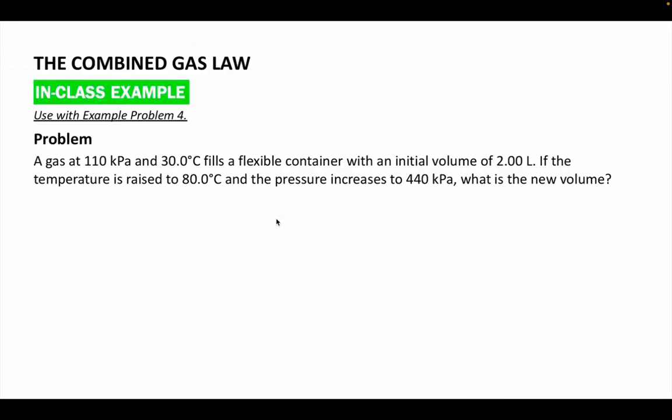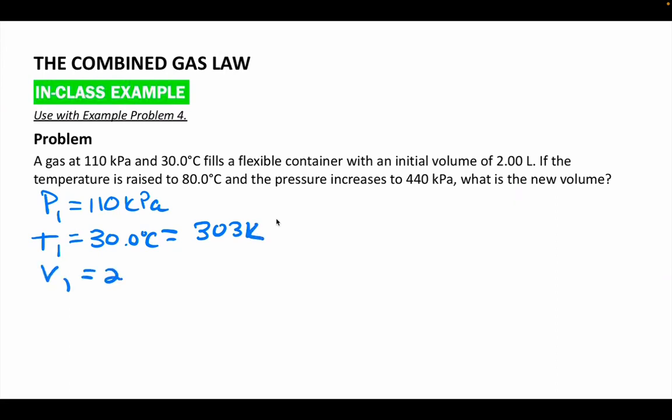So here's an example of a problem. We have a gas with a pressure of 110 kilopascals, and the temperature is 30. I'm going to add 273 right away so I don't forget, and get 303 Kelvin. The initial volume is 2 liters.